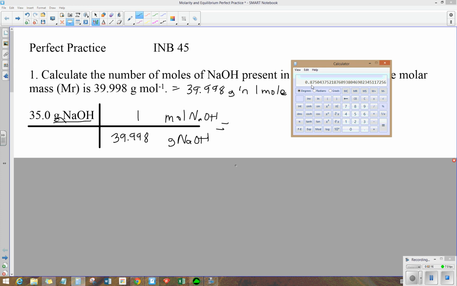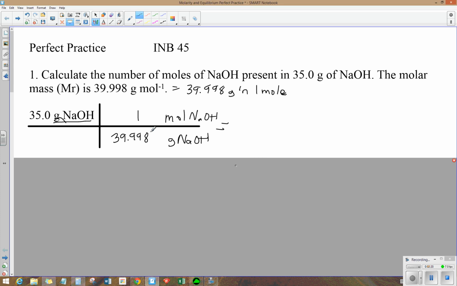So 0.875 is going to be the final answer. 0.875, and then the units, moles NaOH.